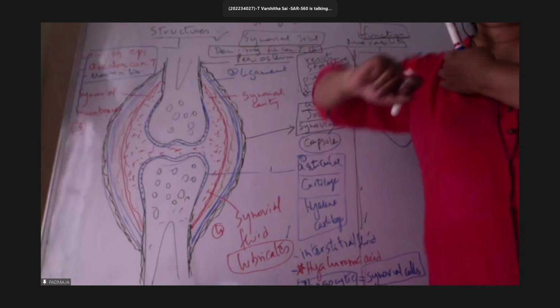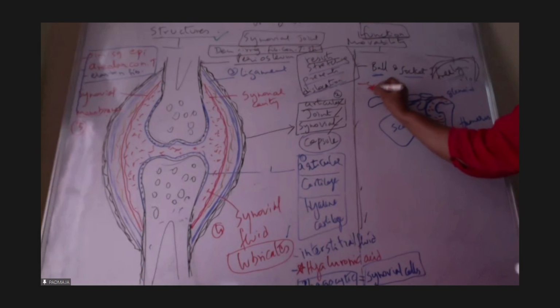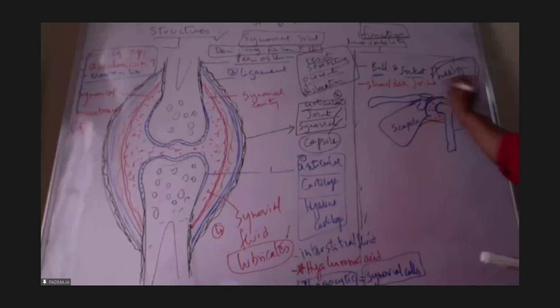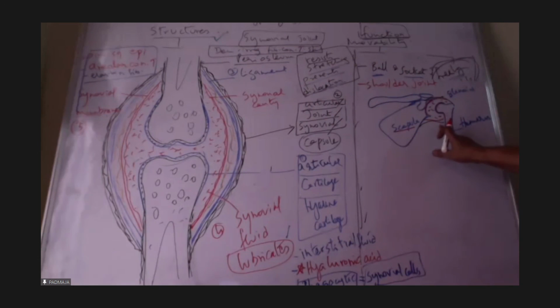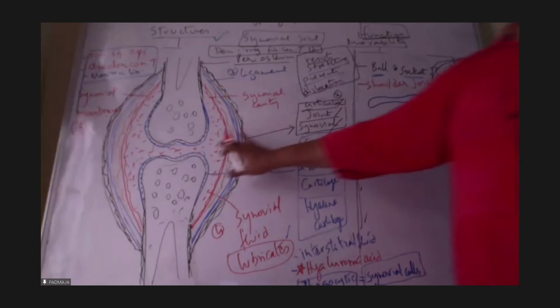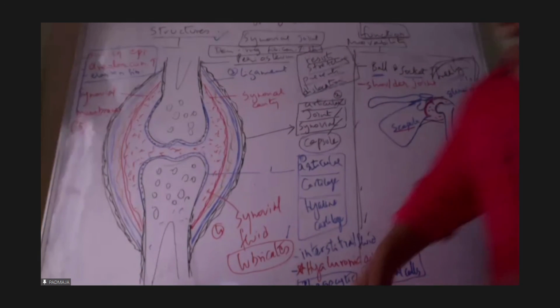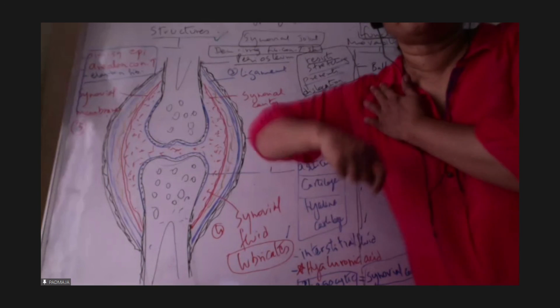So one of the best examples for ball and socket is the shoulder joint, between the glenoid cavity of the scapula and the head of the humerus. You can imagine each structure here, with the lubricant and the arrangement of socket and ball, so in every direction you can move.